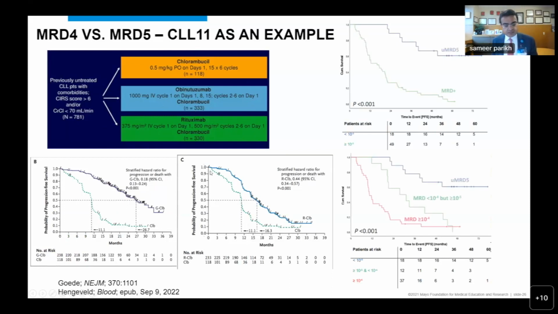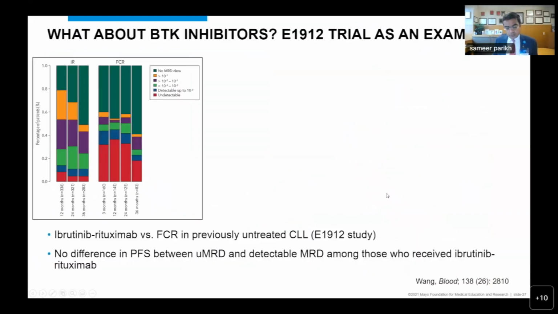But in a recent study published in Blood, the investigators showed that MRD5 was better compared to MRD4, which was better compared to patients who did not achieve MRD4, here in the bottom right. This is an early example. I think obviously we need longer follow-up and more studies to demonstrate the power of this. So until then, I would say this is intriguing and interesting, but it's not really ready for routine practice. What about BTK inhibitors?